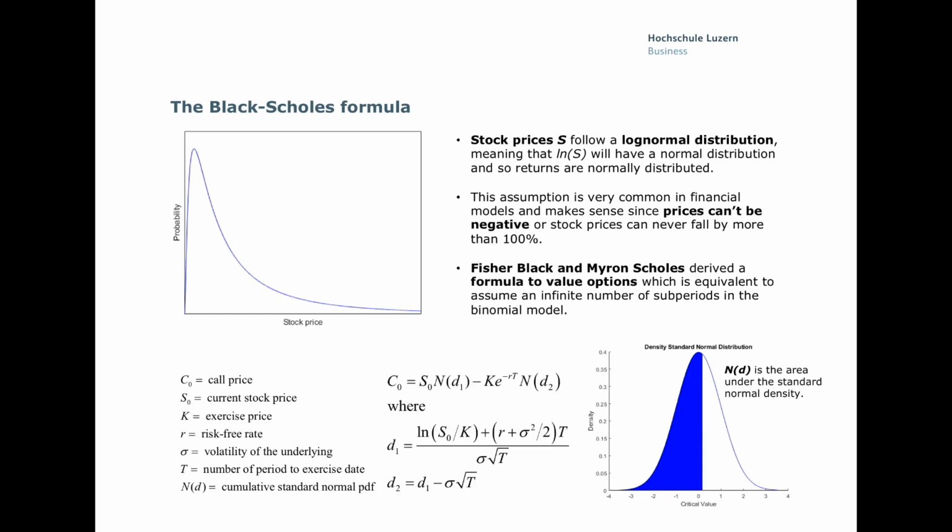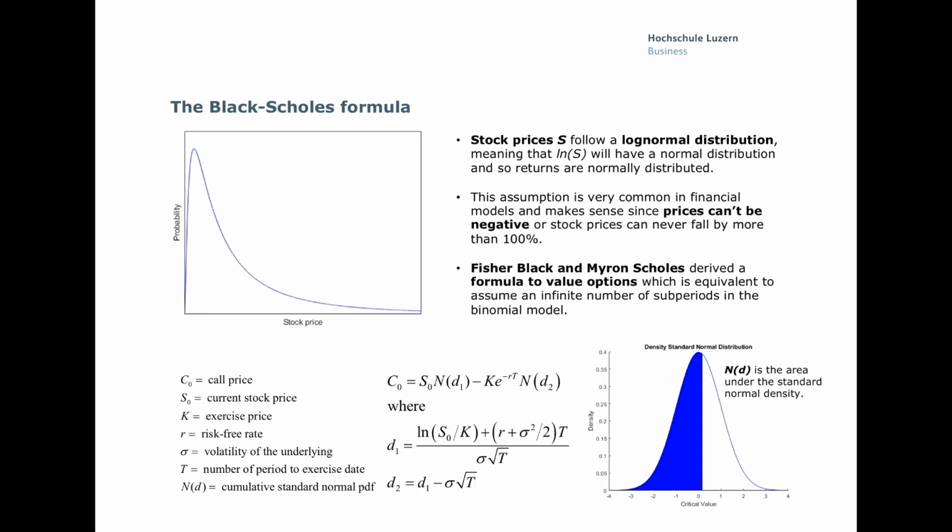You might find the Black-Scholes formula intimidating on first sight, but we can explain it at a somewhat intuitive level. The basic idea is to view the N of d terms as risk-adjusted probabilities that the call option will expire in the money. If we assume both N of d terms are close to 1, which implies a high probability the option will be exercised, then the call option value is equal to the stock price minus the present value of the exercise price.